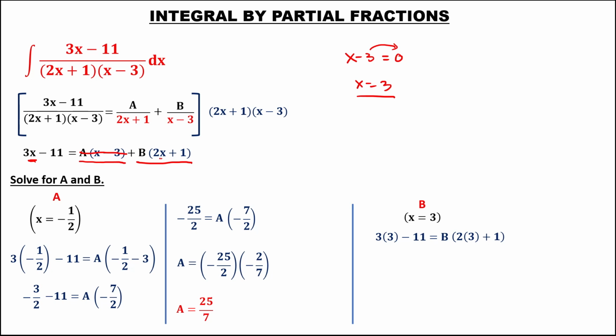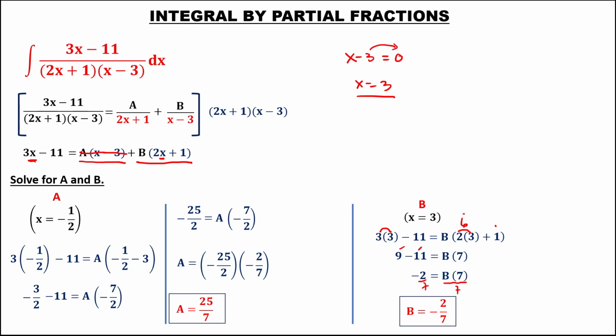To simplify, 3 times 3 is 9, minus 11, equals 2 times 3 is 6, and 6 plus 1, so B times 7. Then 9 minus 11 is negative 3, equals B times 7. To solve for B, divide both sides by 7. Therefore, B equals negative 3 over 7.